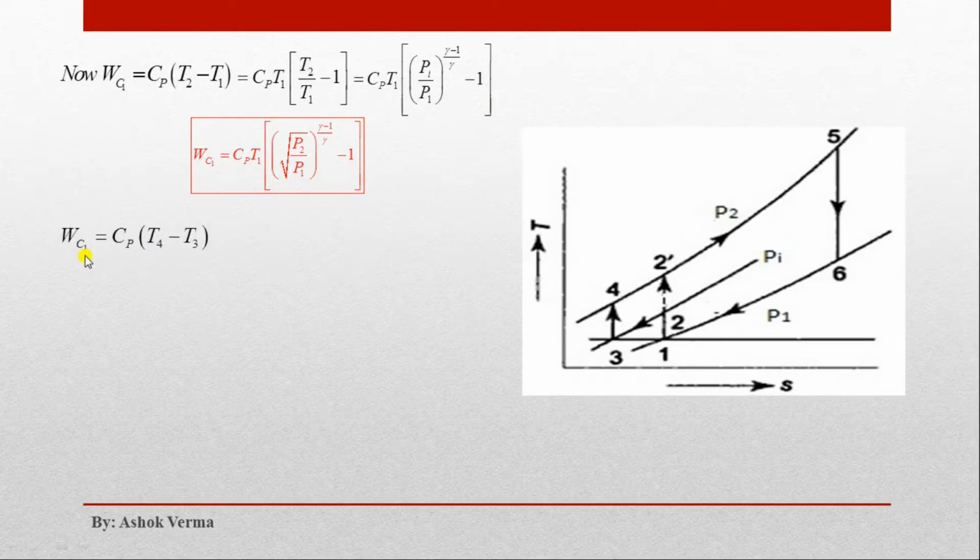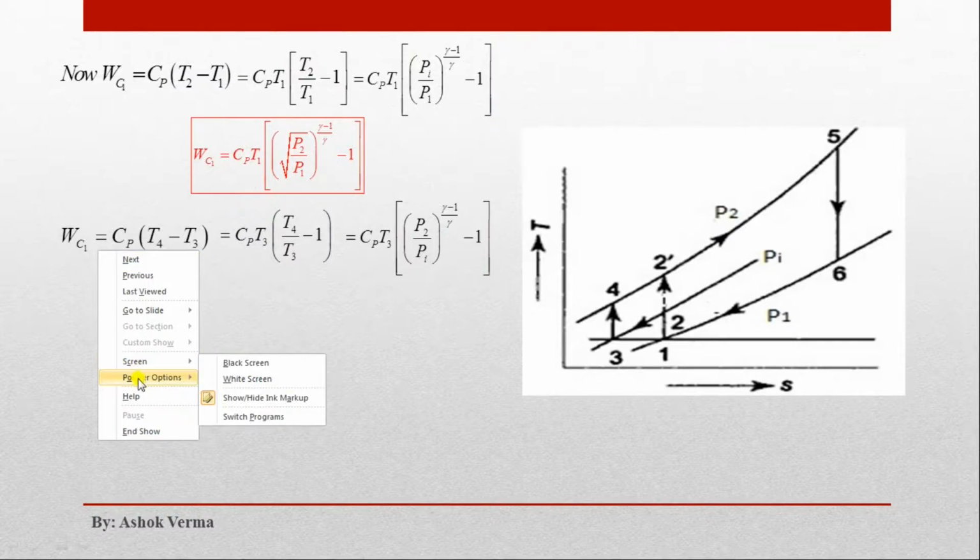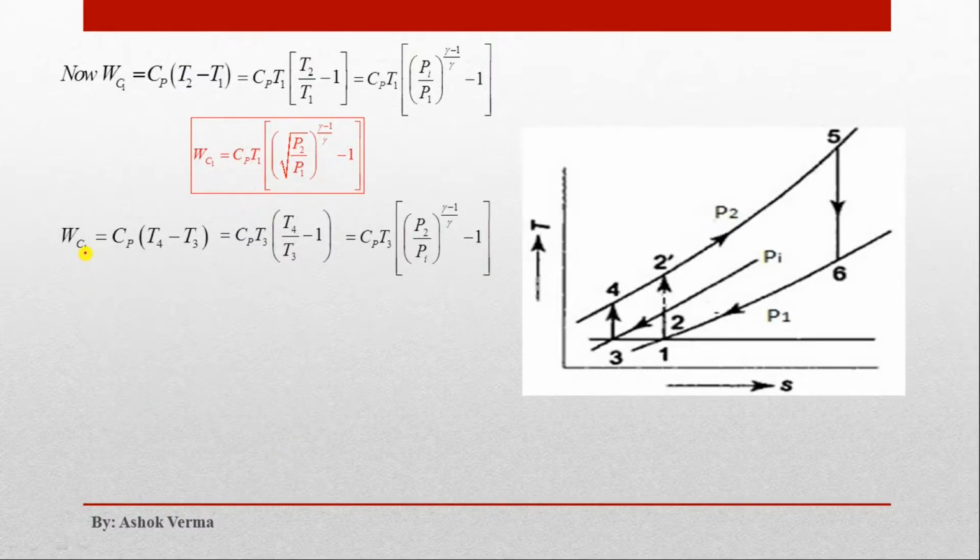This is WC2. WC2 will be the work input for compressor 2, and this is the work input for compressor 1. So WC2 will be Cp into (T4 minus T3).